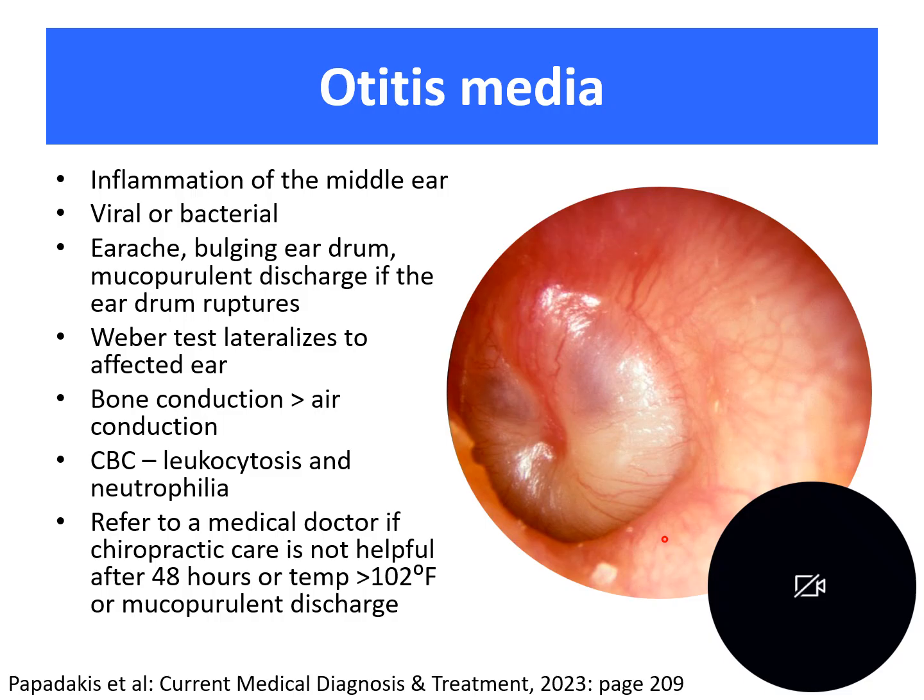It all depends on what's the cause underlying the ear problems to determine whether the test goes to the affected ear or to the non-affected ear. Then you could be asked to do the Rinne test where you compare bone conduction to ear conduction, and in otitis media, bone conduction will be longer than ear conduction.